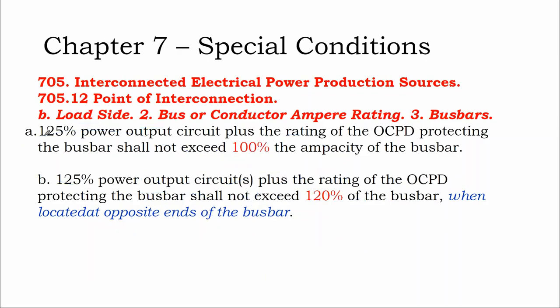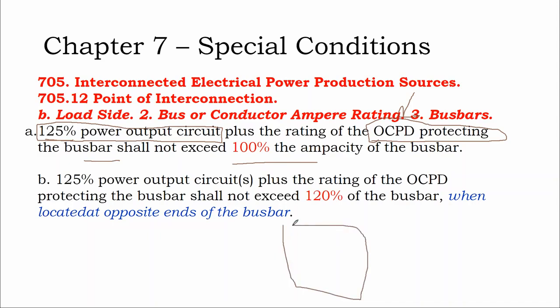And so for load side connections, it says, all right, you take 125% of the output circuit of your design amperage, plus the rating of the main overcurrent protection device protecting the bus bar, and that shall not exceed 100% of the ampacity of the bus bar.